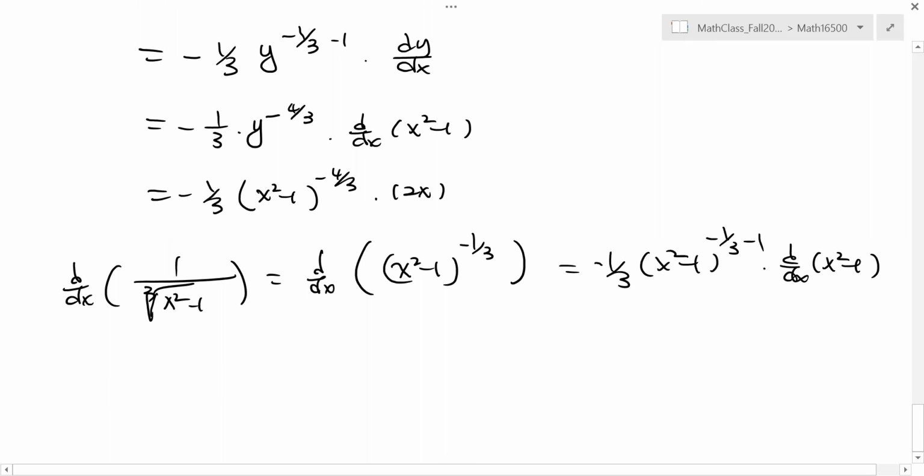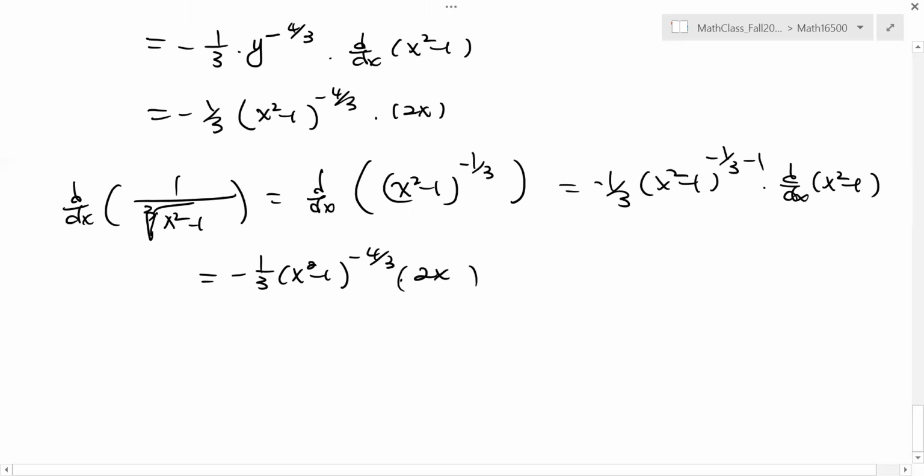You don't even mention the y variable. That is going to be negative 4/3, and that's 2x. But you can do that only after you are familiar with the chain rule. Okay, so let's do the next problem.